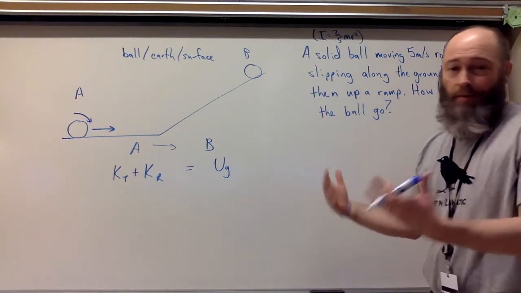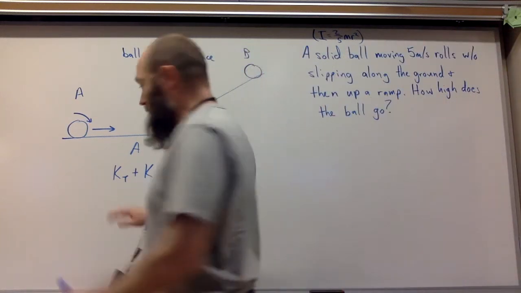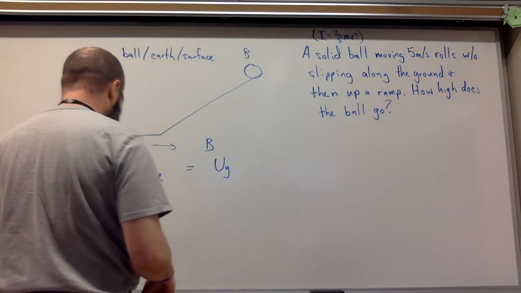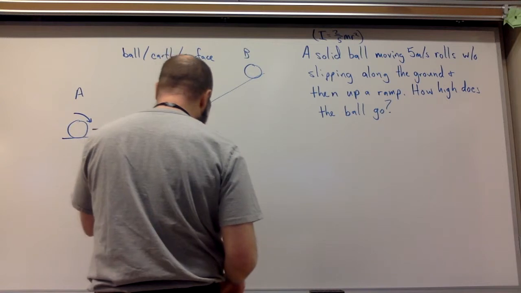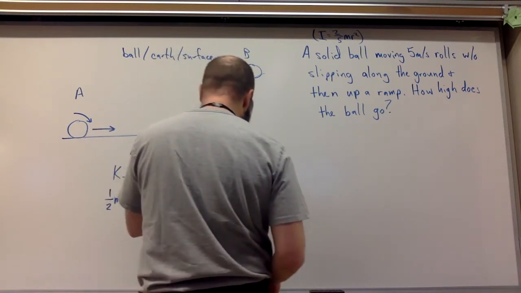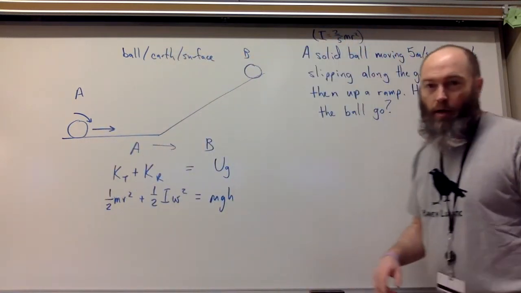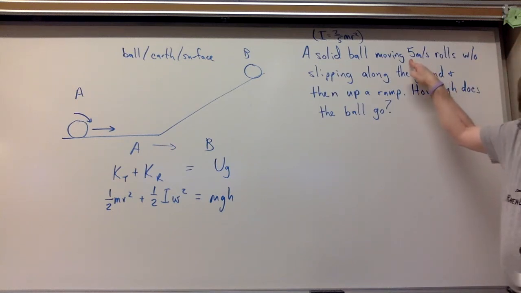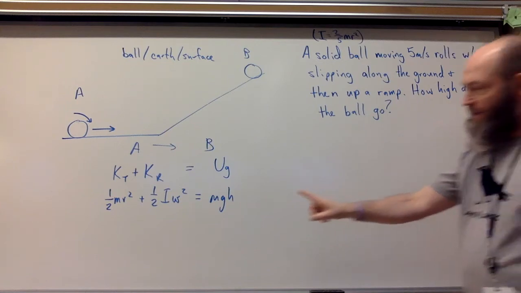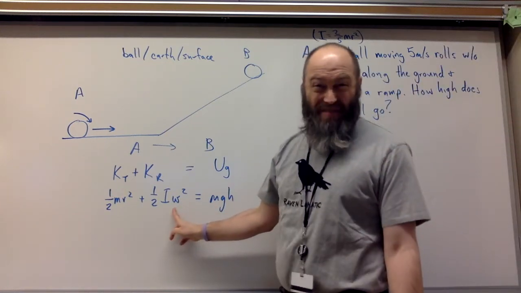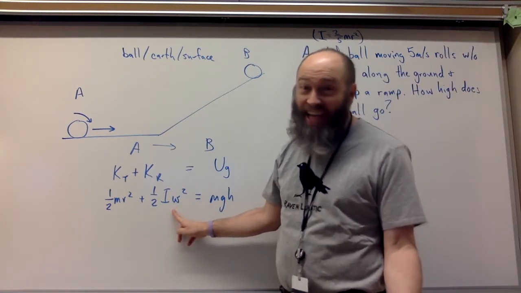And then we got to do some algebra. So let's do some algebra. This is going to be 1/2 mv squared. This is 1/2 I omega squared. This is going to be mgh. Now, I give you 5 meters per second, so you might ask, let's see if I can convert this to a linear speed. Well, you can.